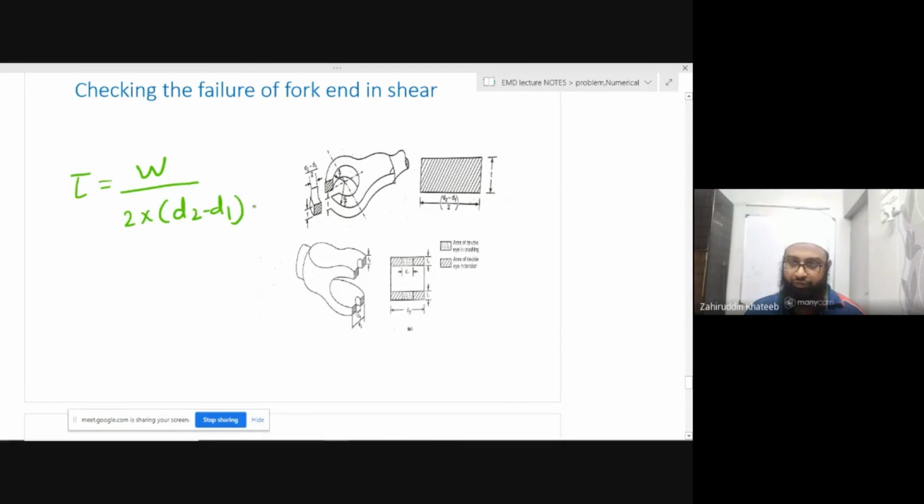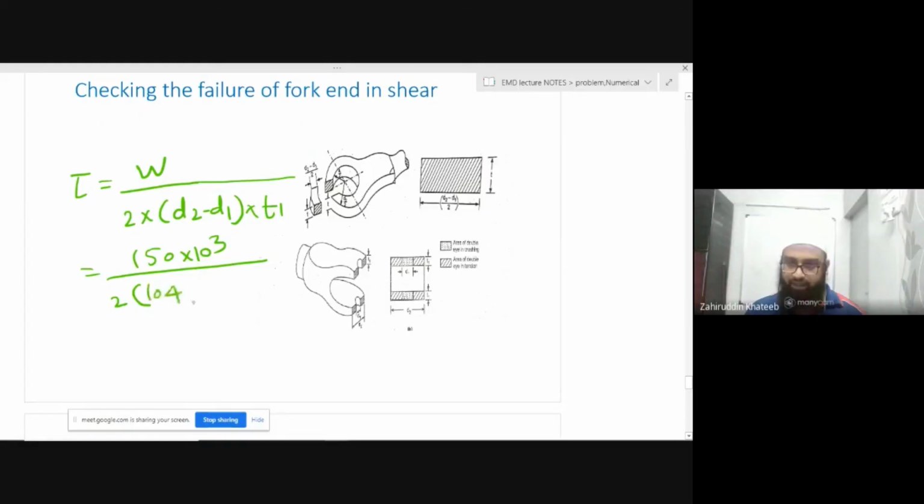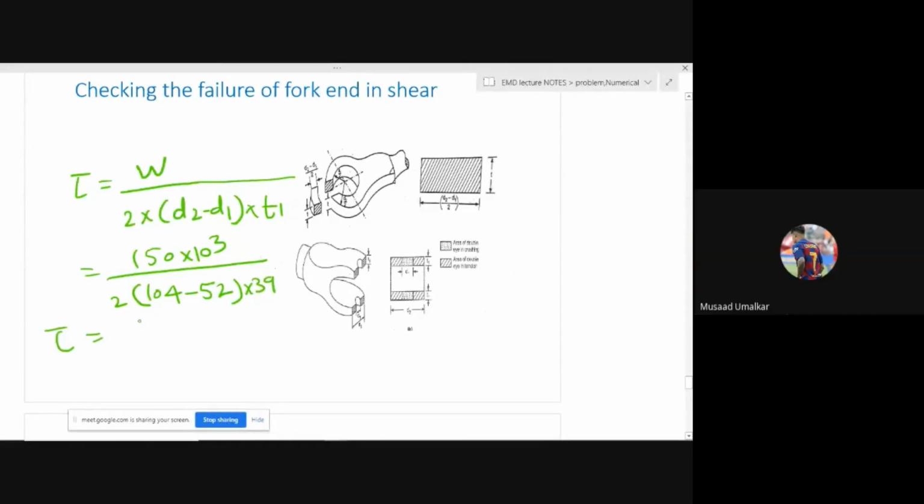The value of W is 150 into 10 raised to 3, divided by 2 multiplied by 104 minus 52, into 39. Now tell me the value of tau.